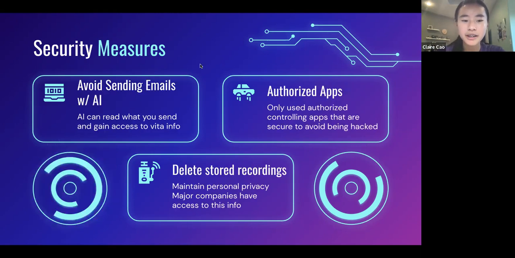Okay, here are some more ways we can take security measures. Avoid sending emails with AI, especially emails that are extremely important and contain a lot of your personal data. Sometimes when you send an email to your local bank and you're using Grammarly, or another AI assistant to help you write that email, that AI can read the contents of your email and it's in their data.